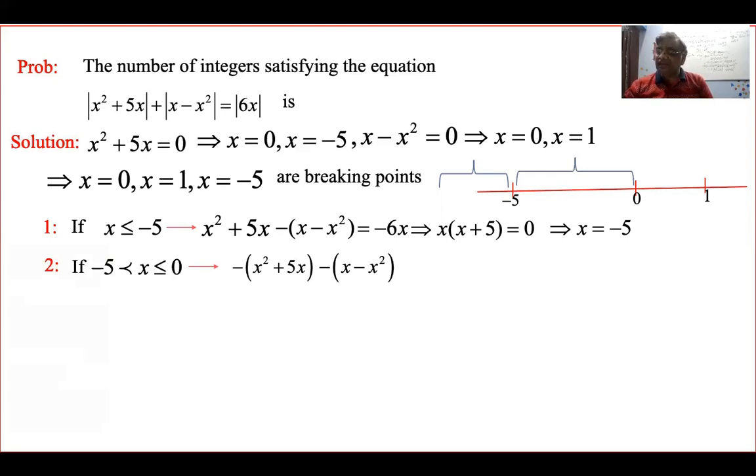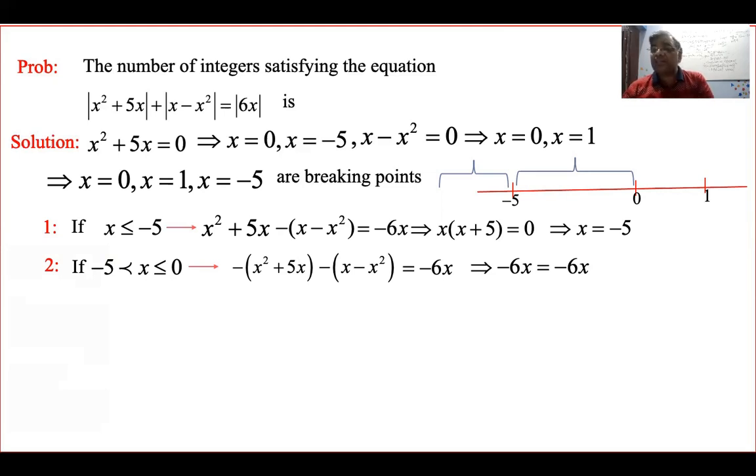And 6x is also negative. Therefore, it is minus 6x. When you expand that bracket and simplify that, you will get minus 6x is equal to minus 6x for every x in the interval minus 5 to 0. That implies that in the interval minus 5 to 0, every real x will satisfy that equation.